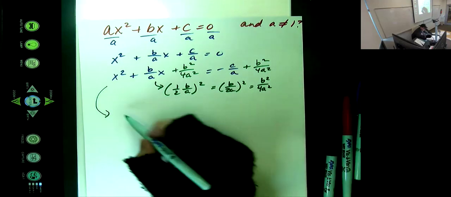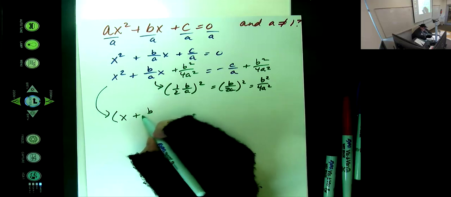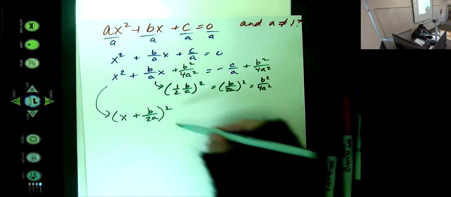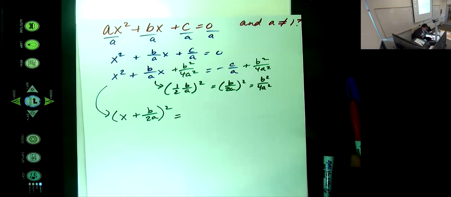The left side just comes down as b over 2a squared. The right side, I don't have a common denominator yet.